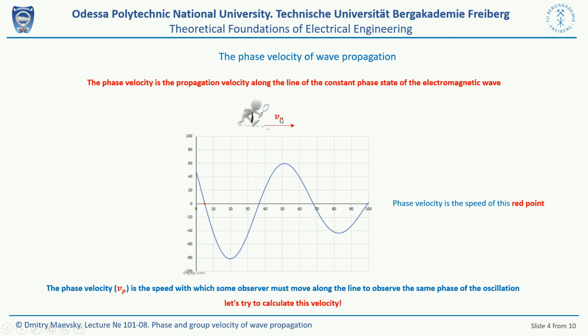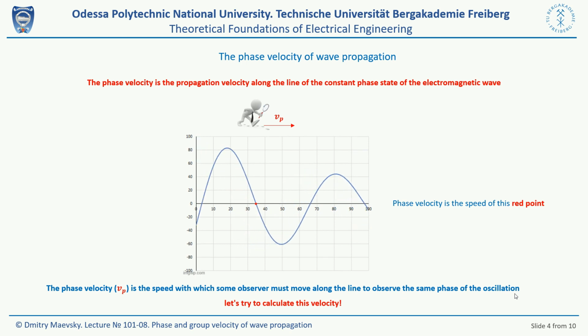That is, we can say that the phase velocity of the oscillation is equal to the speed of the observer who moves along the line and observes the same phase of the oscillation.